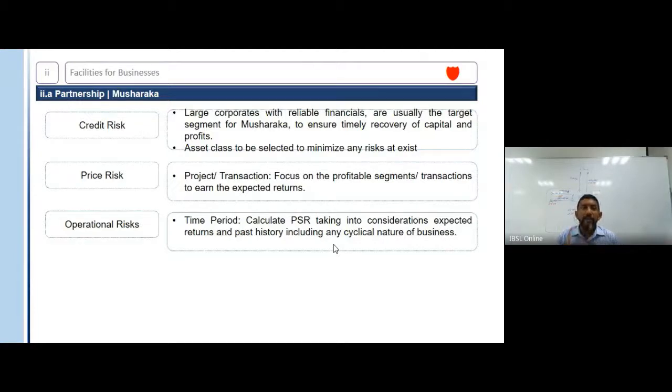Number two, even on the right customer, let's say the customer has 5 projects, A, B, C, D, and E. He makes profits in A, B, C, and D, but in E he makes losses. And smart customers sometimes come to the bank and say he wants to do a musharaka on project E only.